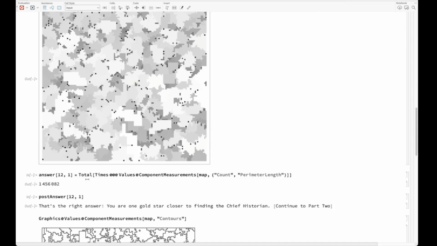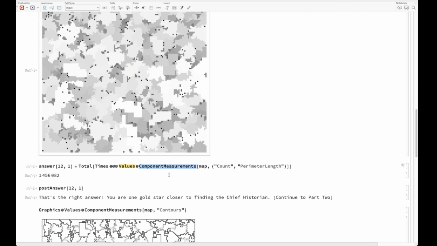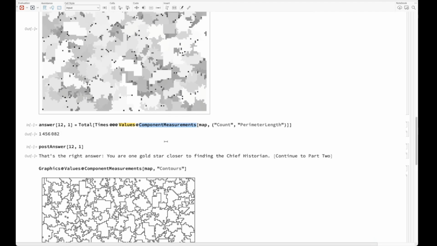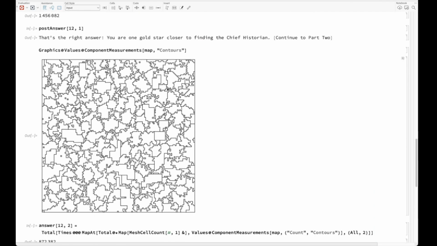And then the answer to the question is just to compute some measurements of those regions. For part one it's simply the area, the count of all the squares in each region, times the perimeter. So this is just component measurements, pretty simple, right? And the second one involved some contours, right?